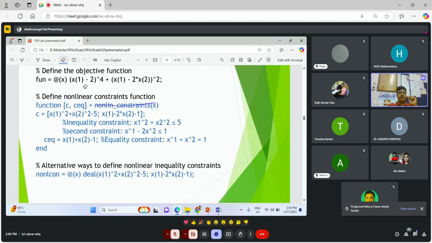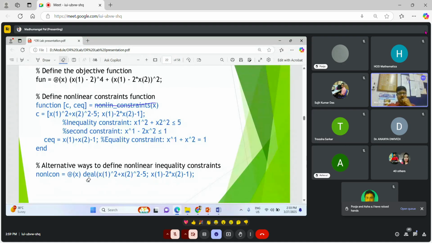So we have defined the objective function, nonlinear objective function. We have defined the set of constraints. Okay. So there is an alternative technique to define the nonlinear equality and inequality constraints. So there is another function, nonlcon. We have used this variable. This is a variable name, nonlcon. It indicates nonlinear constraint.